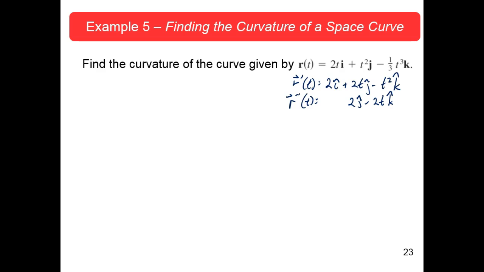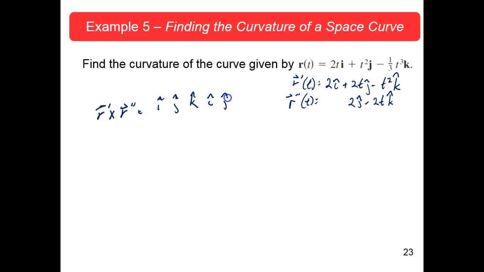Now, the curvature is the magnitude of the cross product between r prime and r double prime. So let's do that next. R prime cross r double prime: let's set up our i, j, k.